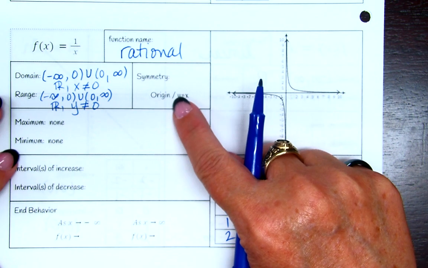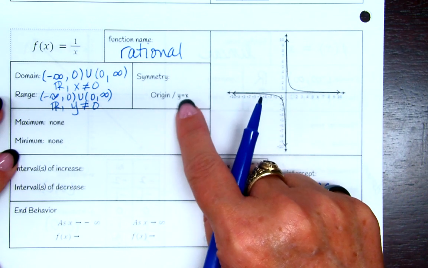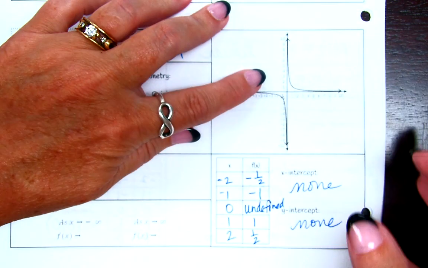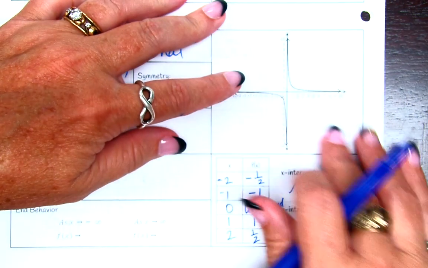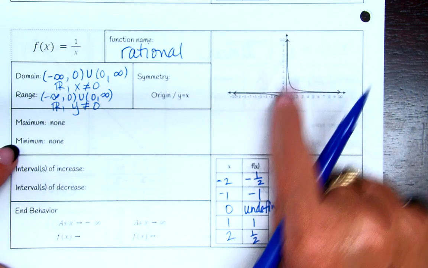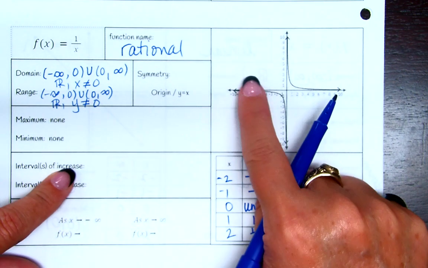Symmetry is around the origin because I could spin it like I did a minute ago. There's also a line of symmetry at y equals x, which is my linear parent function, because if I folded it that way, like that, right, wouldn't it be right on top of itself? Okay? There's no maximum or minimum because it keeps going in both directions. Where is it increasing?